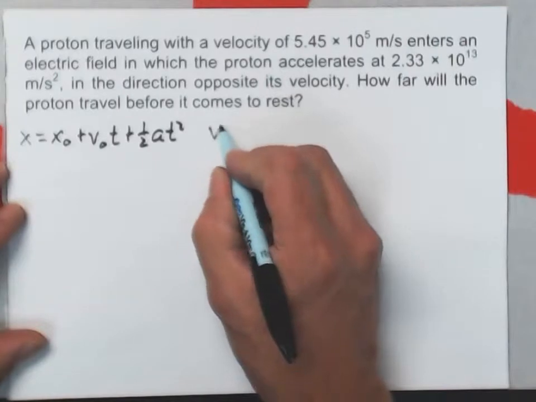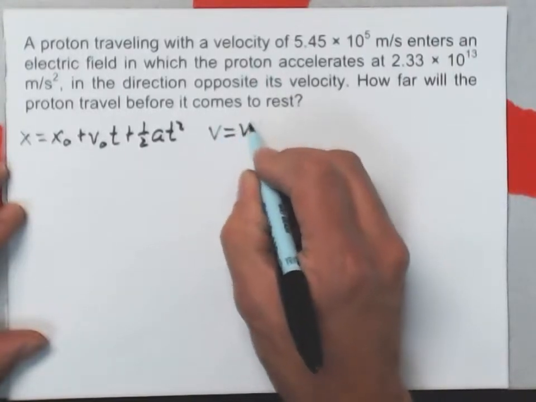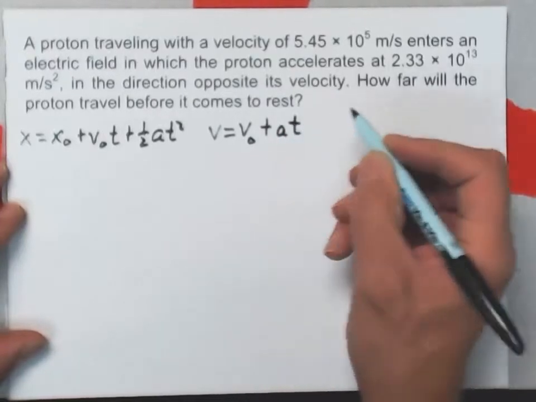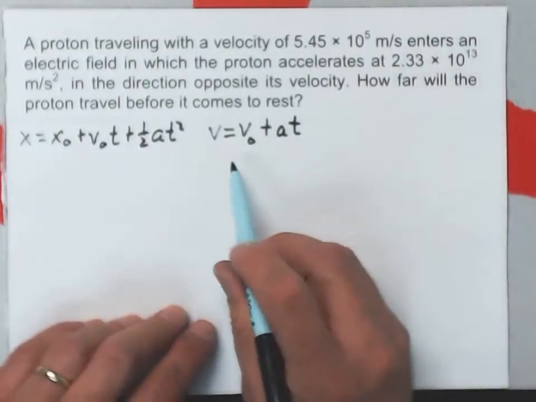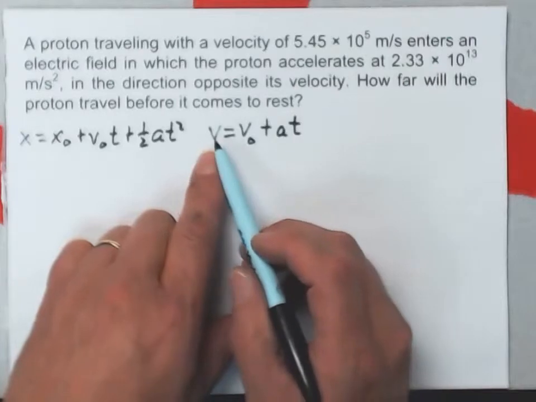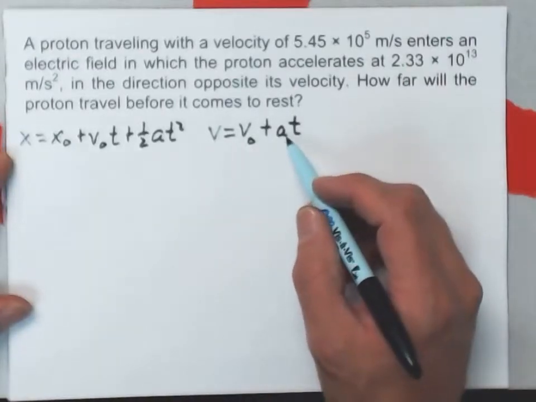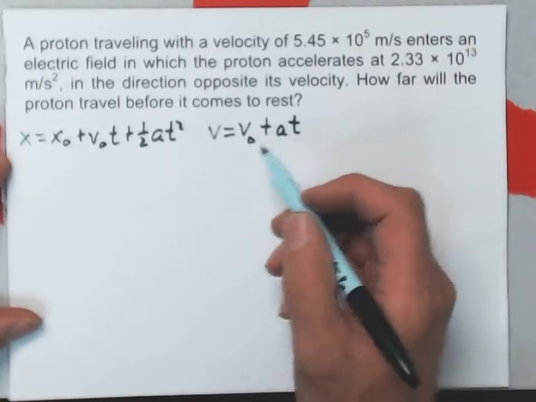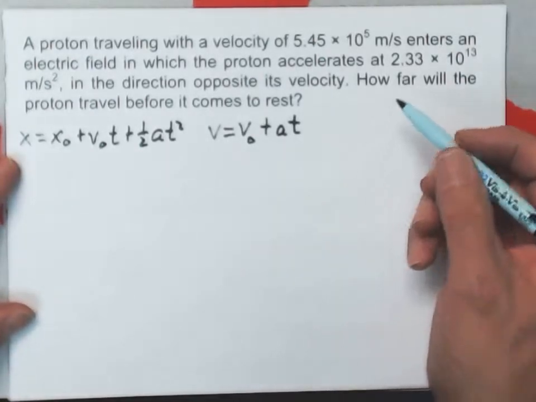I could get that from this equation, v equals v naught plus at. I could solve this equation, set v equal to 0, and knowing a, I could figure out t. So that's a way I could do this.